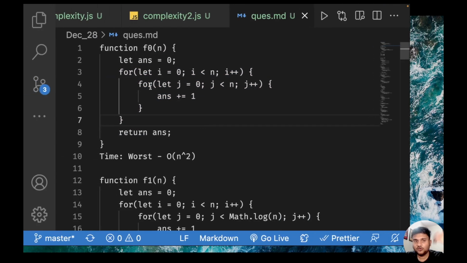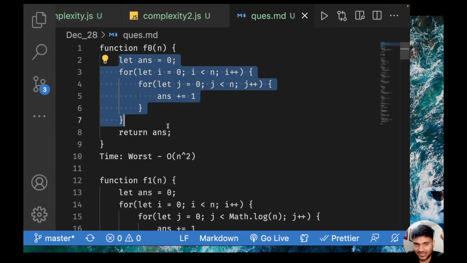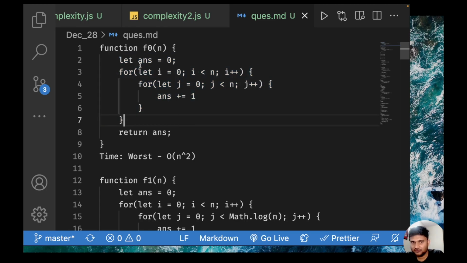So the rate of growth of this function is equivalent to an n square curve, a quadratic curve. So we say that my worst case complexity is as bad as order of n square. That is the meaning of time complexity analysis in terms of the worst case.